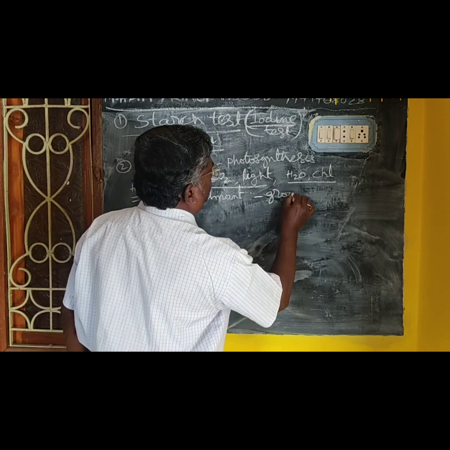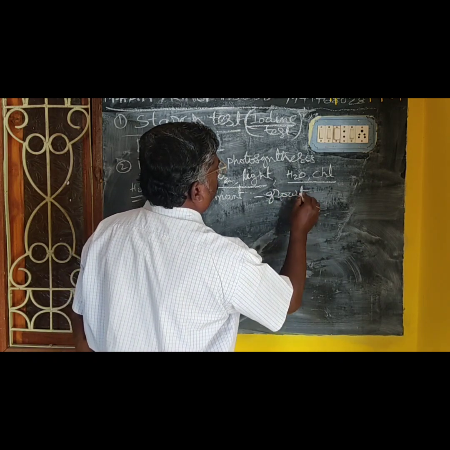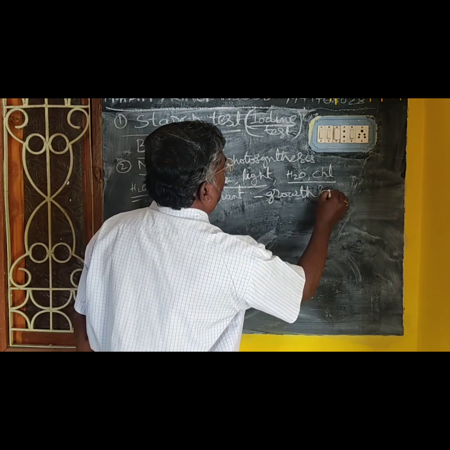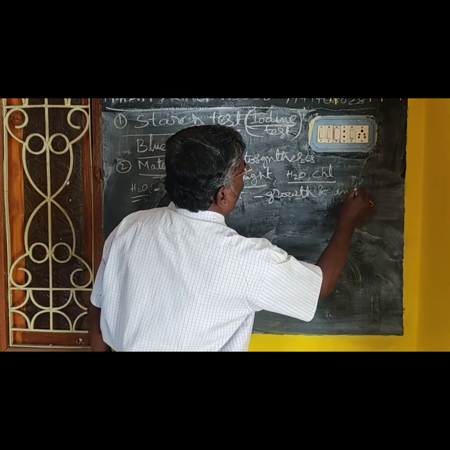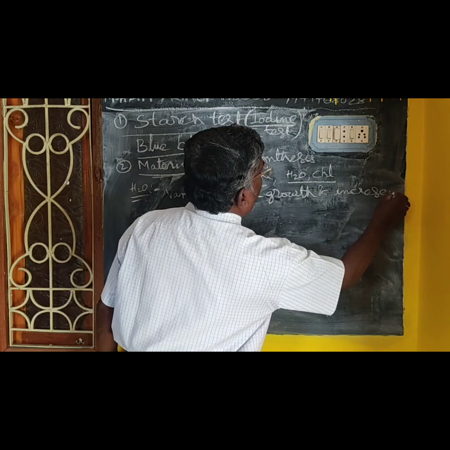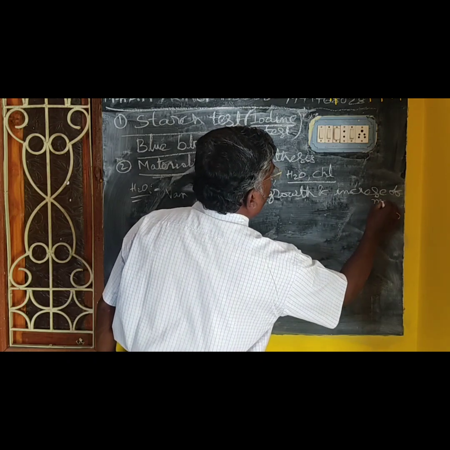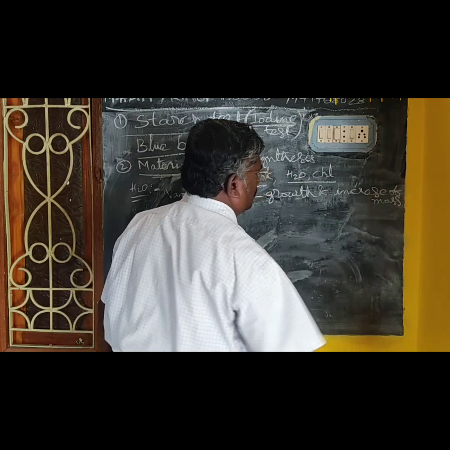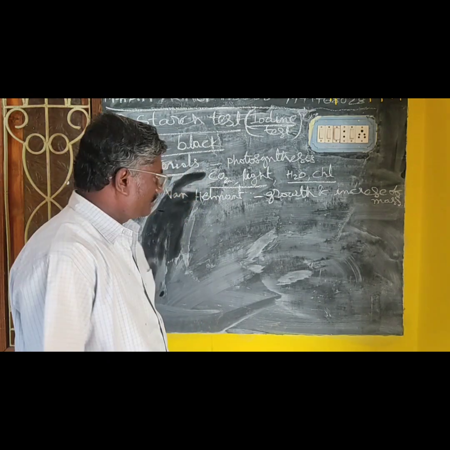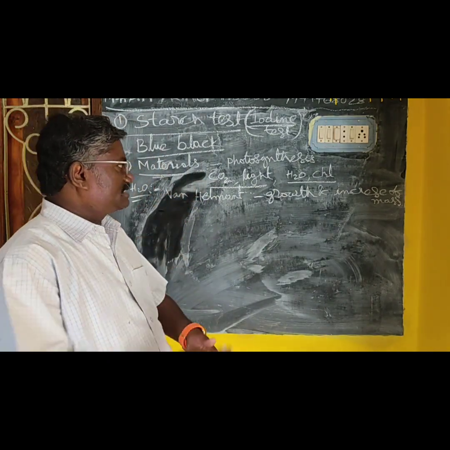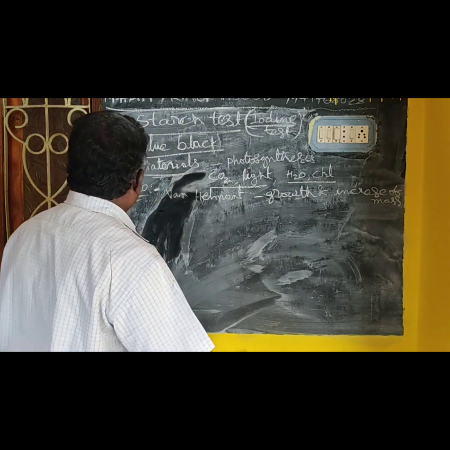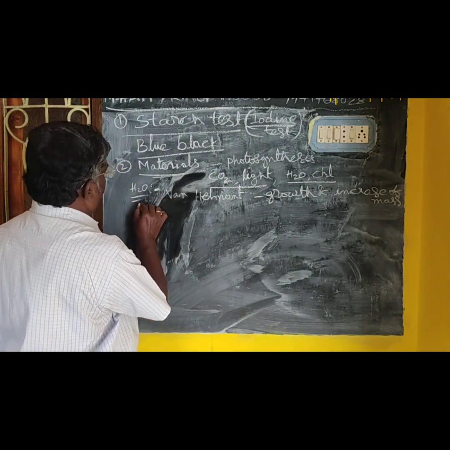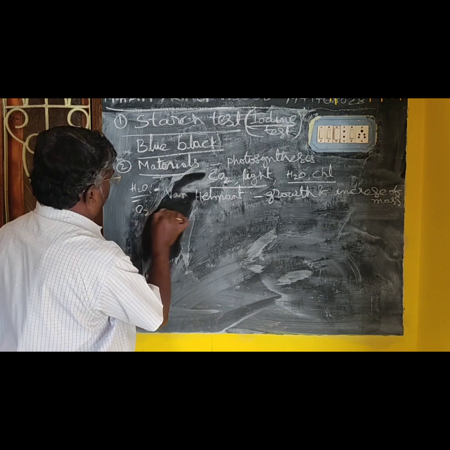It is very essential for the growth and increase of mass in plants. So Van Helmont for water, and O2, oxygen.